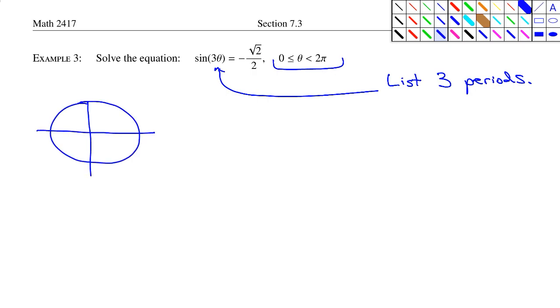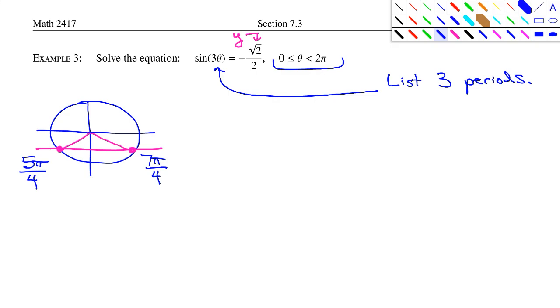So let me draw the circle. And we're looking at sine. Sine is a y-coordinate. We're looking for where the y is equal to negative root 2 over 2. So that's here. And then let's find these points on the unit circle, the angles. That would be 5 pi over 4 and 7 pi over 4.